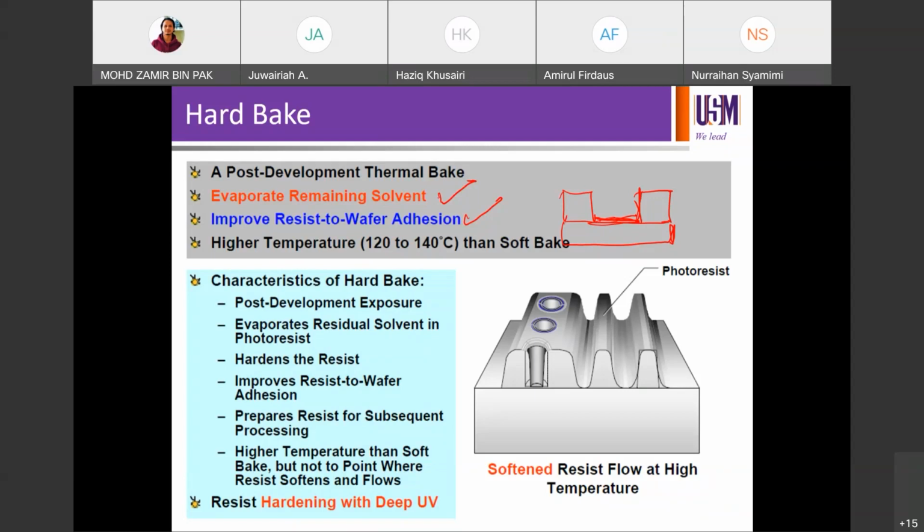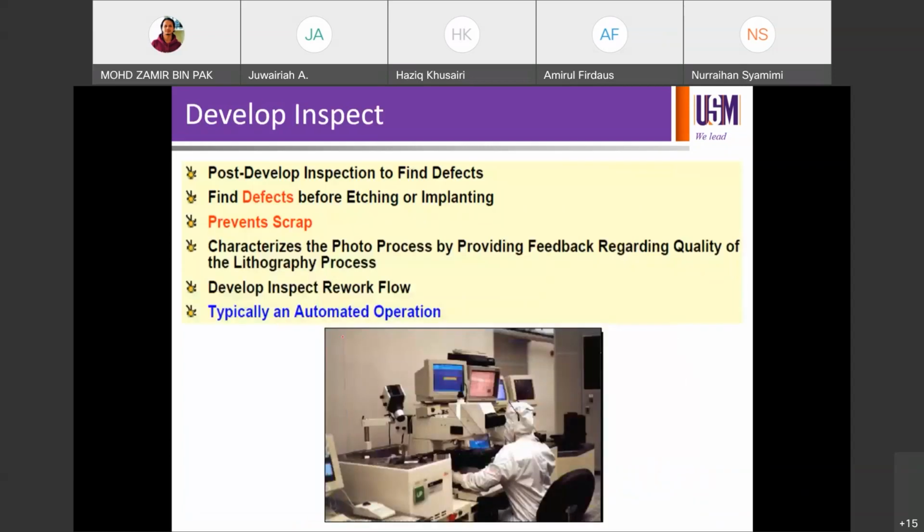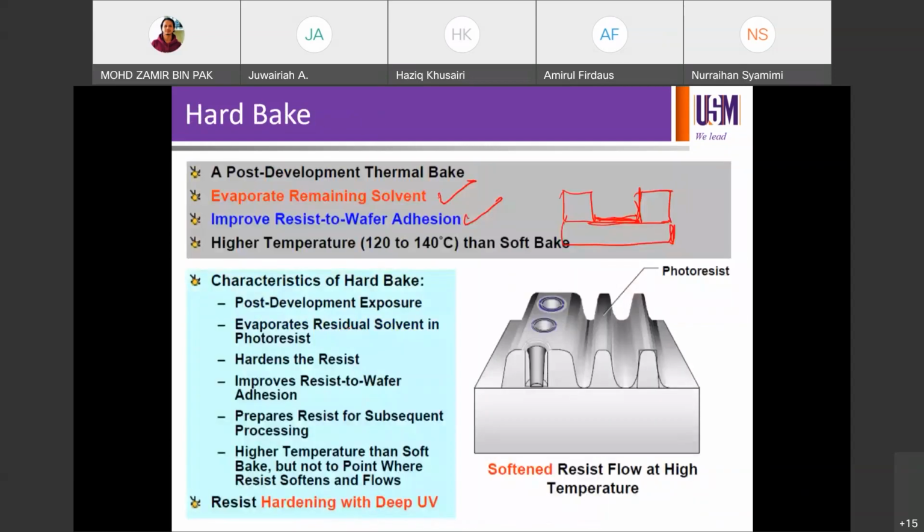Okay. So some characteristics of the hard bake process: it is done after the development process. It evaporates residual solvent from the resist and from the developer stage. It helps to harden the patterns, improve adhesion of this pattern, this PR photoresist.